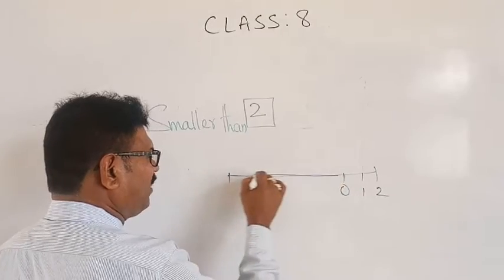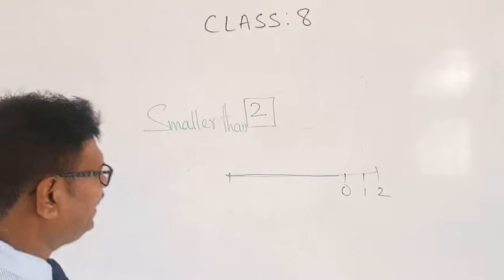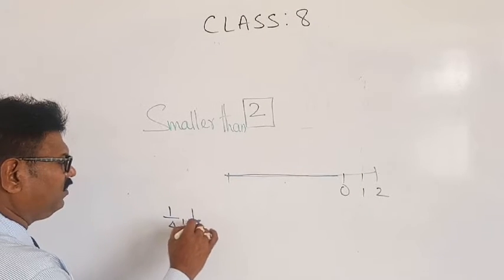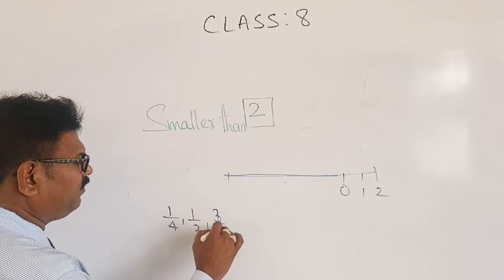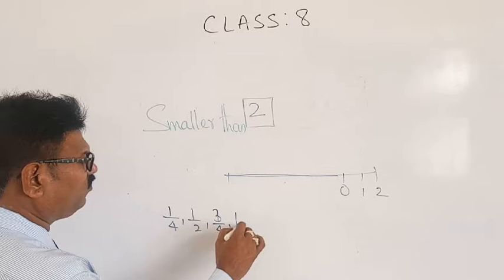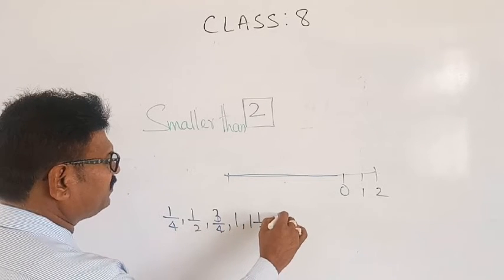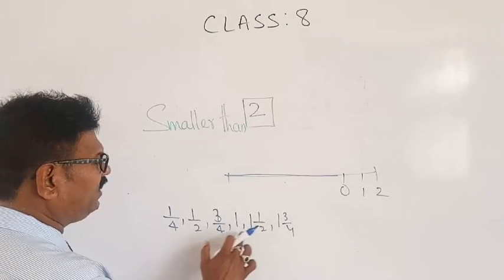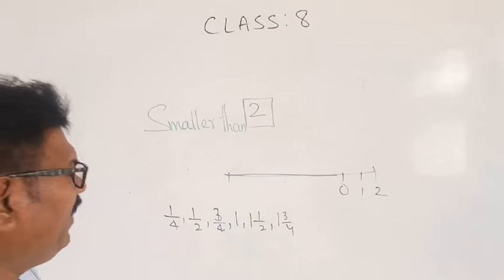These are all smaller than 2, or not? You can write any, like 1 by 4, 1 by 2, 3 by 4, 1, 1 and a half. We want how many? Any 5.